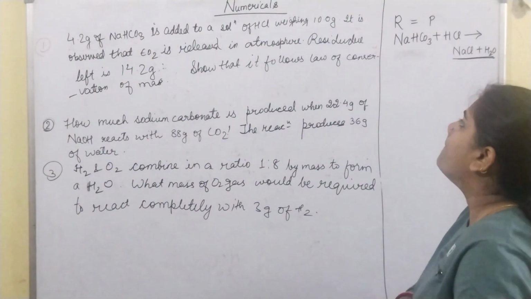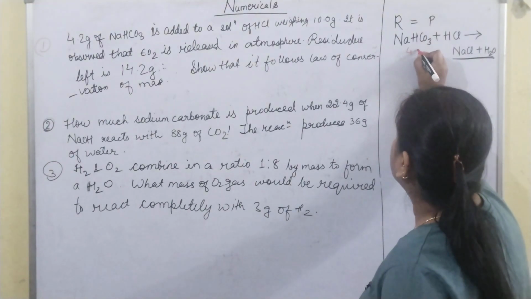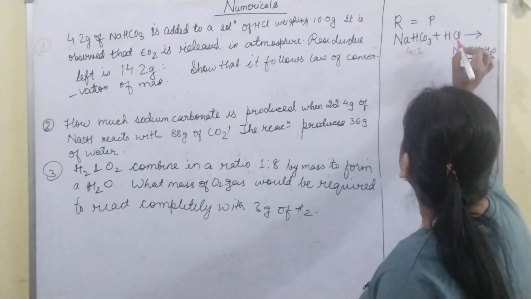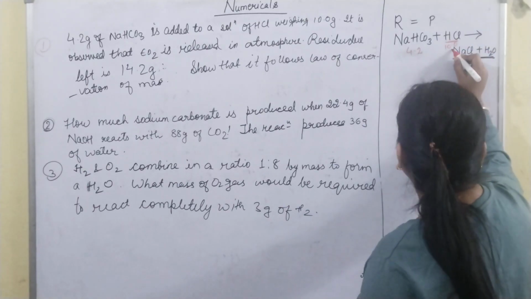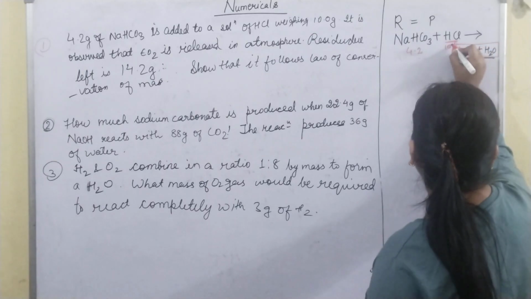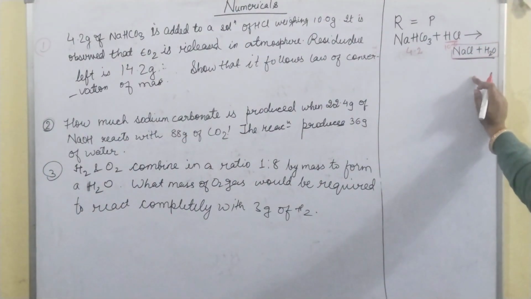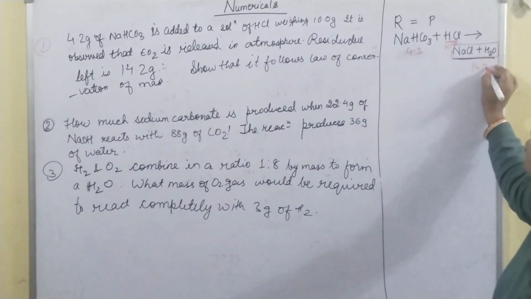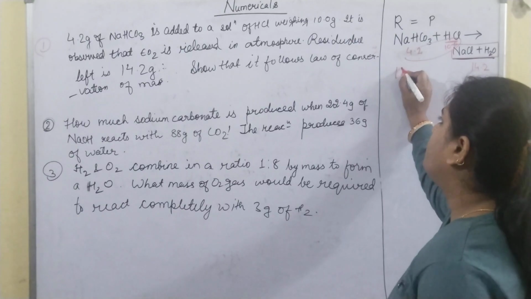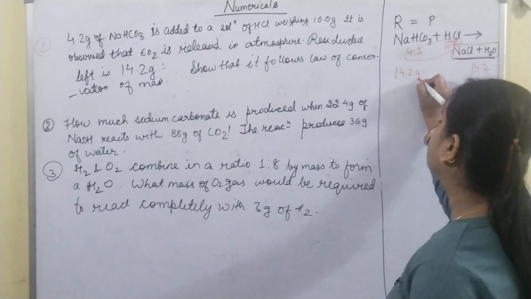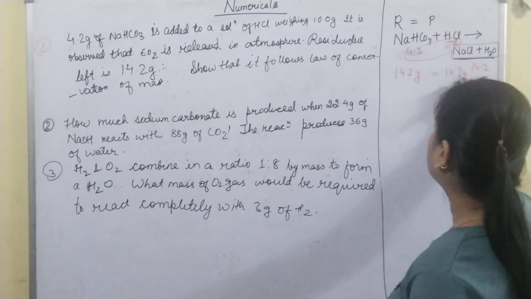So the mass of NaHCO3 is given as 4.2 and HCl is 10.0 gram. And the residue is NaCl plus H2O, so its mass is 14.2 gram. So the mass of reactant is 14.2 gram and the mass of product is also 14.2 gram.